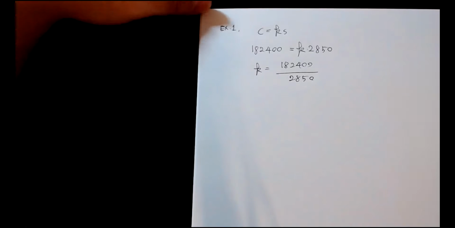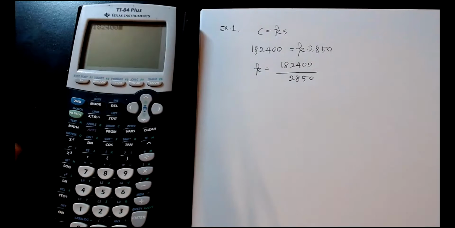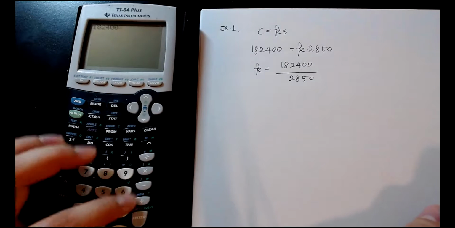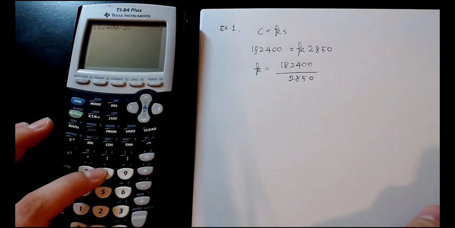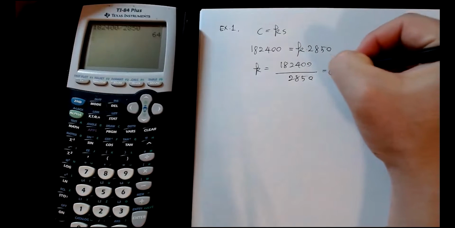Okay, so let me use a calculator to simplify the fraction. 182,400 divided by 2,850. Okay, so we got 64. So this is equal to 64.